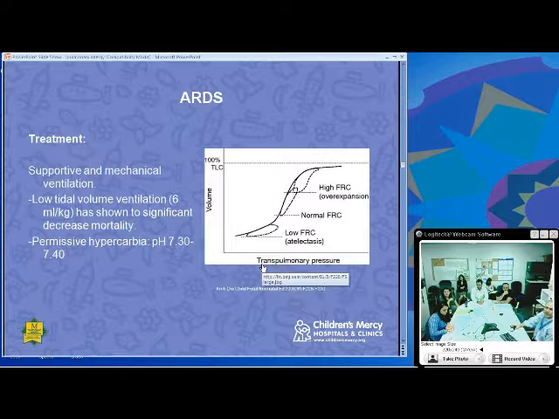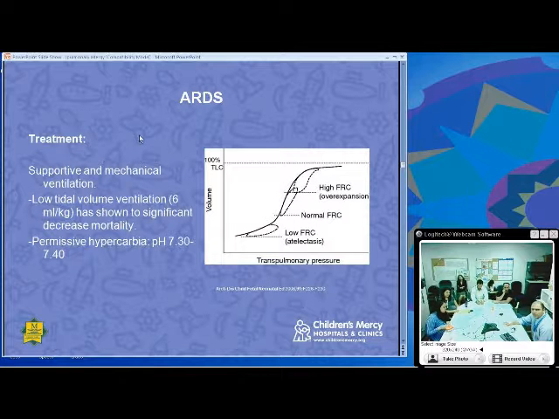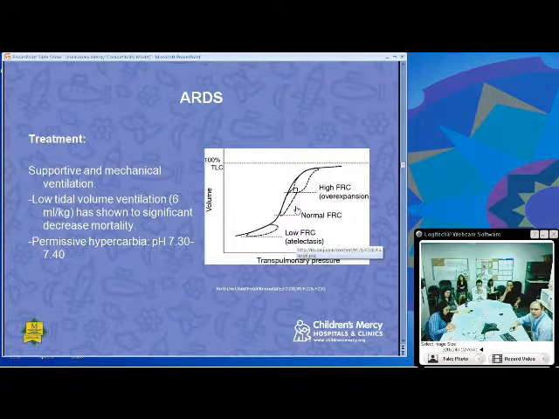And what are the things that have proven that help in ARDS? Mainly supportive treatment with mechanical ventilation with low tidal volumes. So we now do about 8 to 6 mLs per kilo. And the idea is to try to ventilate the patients in this area when we are more compliant, not let the patient collapse the lungs, because once you collapse the lungs, you require high pressures to reopen it, or not overinflate, because then you can just break the alveoli.